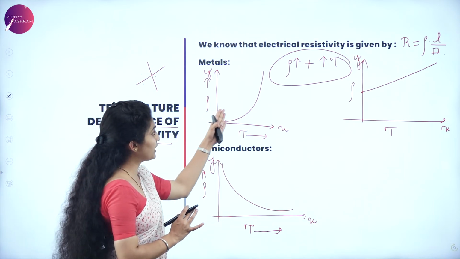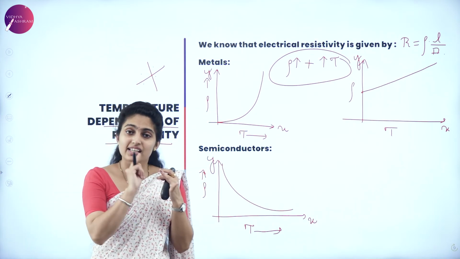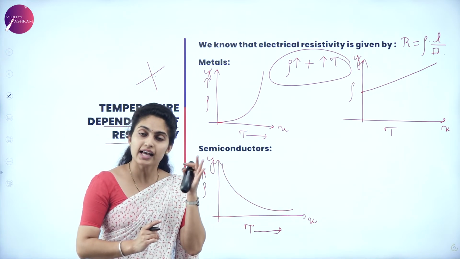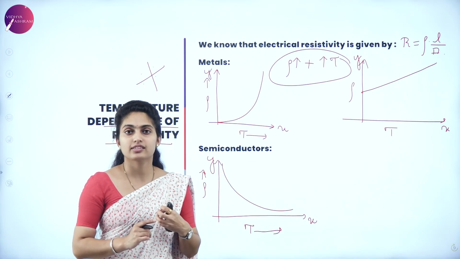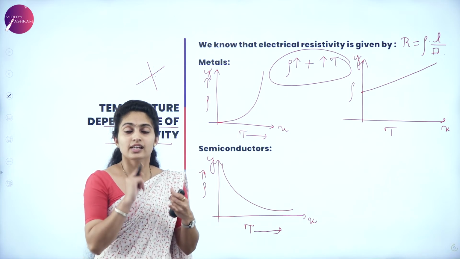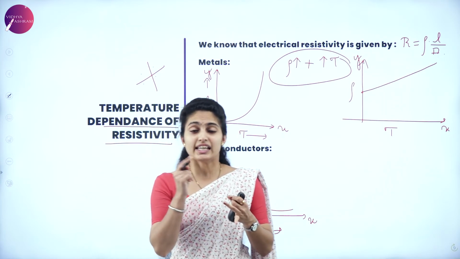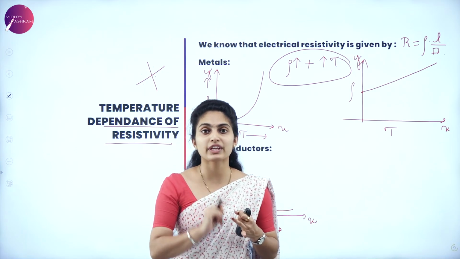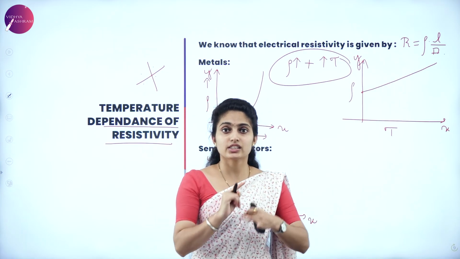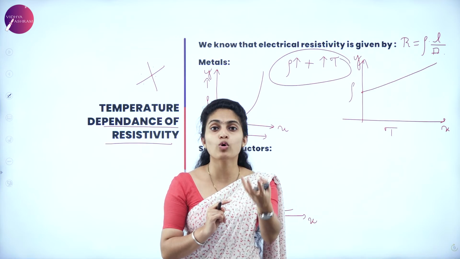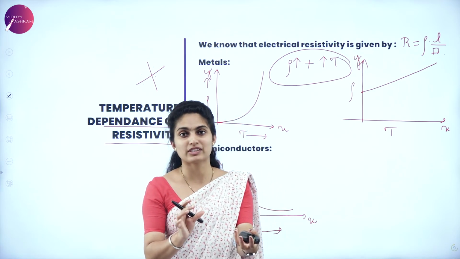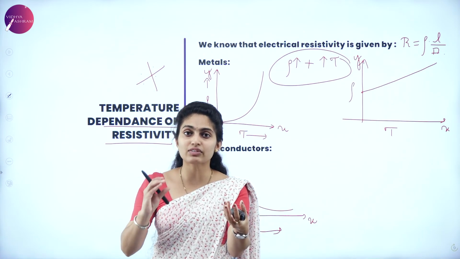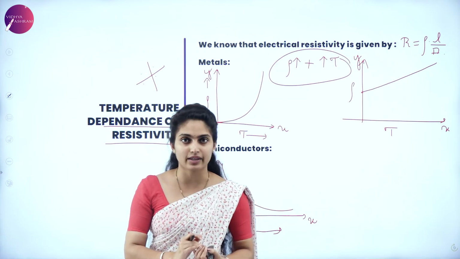So, in the case of metals, as the temperature increases, resistance increases. But in the case of semiconductors, as the temperature increases, the resistance decreases. That means an increase in temperature increases the number of free electrons. When the number of free electrons increases, the flow of current is more than the resistance present there. That means when the temperature increases, the resistivity of the material starts decreasing. Clear?